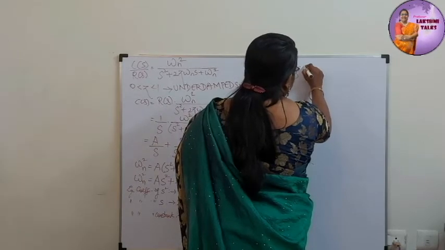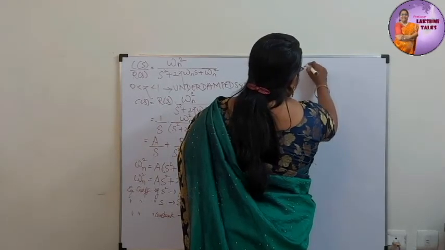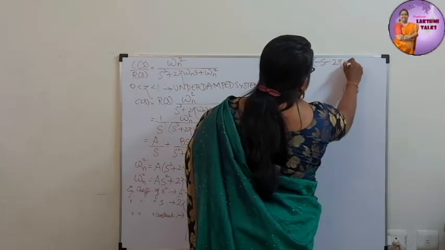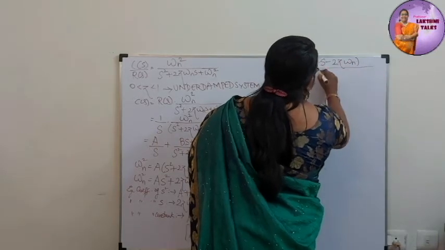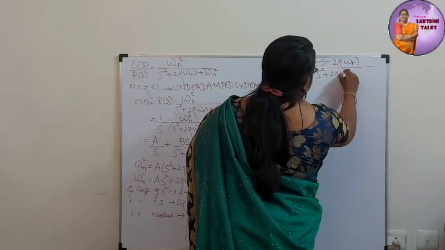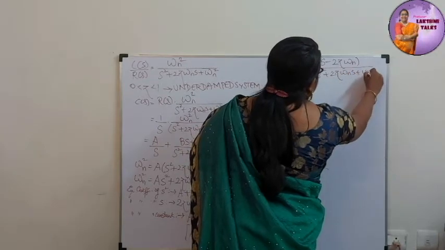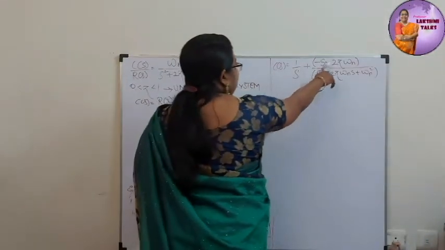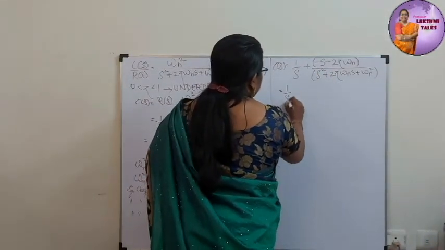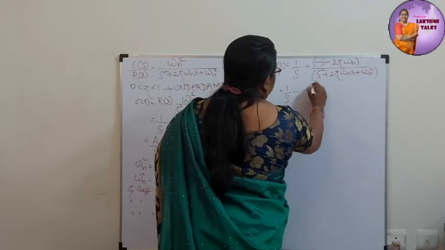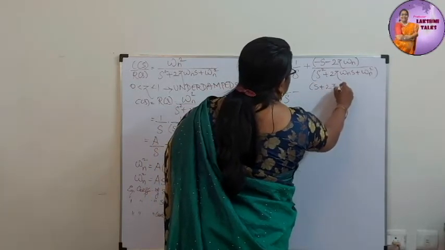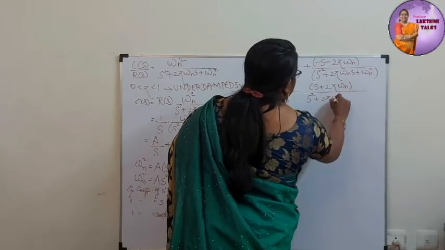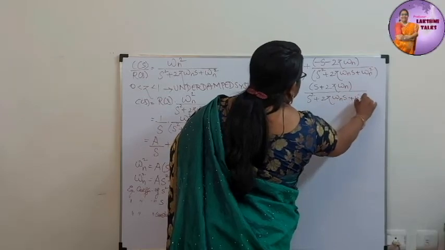So we can take this minus outside here: minus S plus 2 zeta omega n divided by S square plus 2 zeta omega n s plus omega n square. Now you can take this negative sign outside. So what happens? 1 by S minus S plus 2 zeta omega n divided by S square plus 2 zeta omega n s plus omega n square.